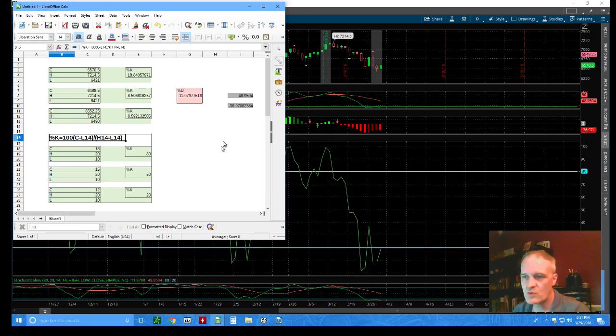And that's what gives you your ratio. So again, real quick: most recent close subtracted by the lowest low of the 14-day period, divided by the difference between the highest high of the 14-day period and the lowest low of the 14-day period, multiplied by 100. That will give you a number between 0 and 100.